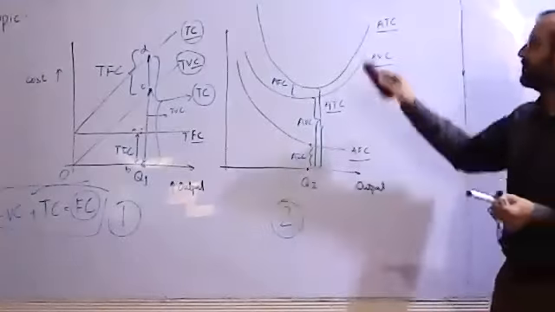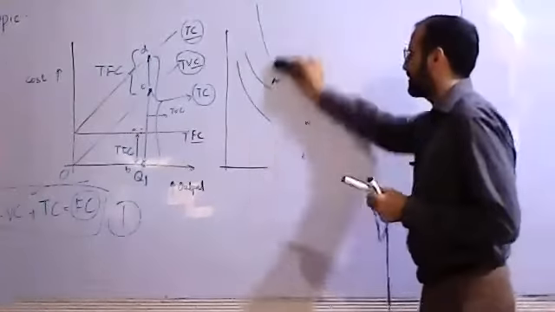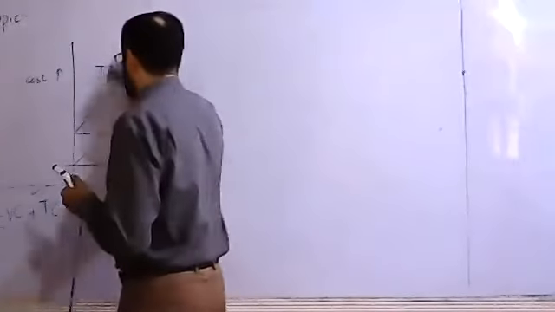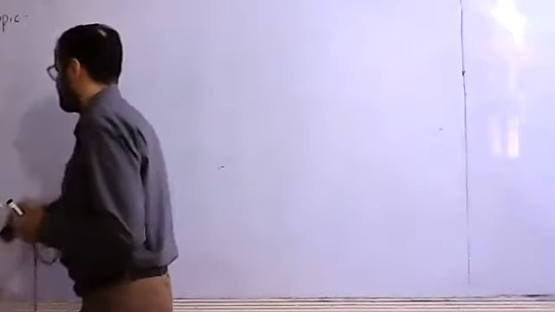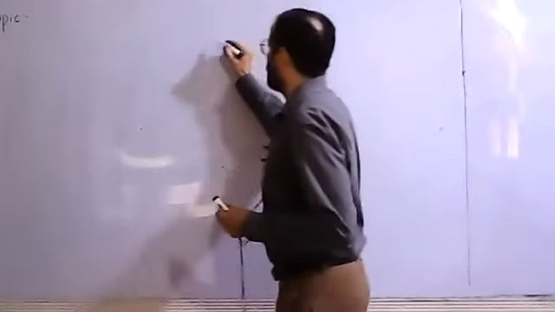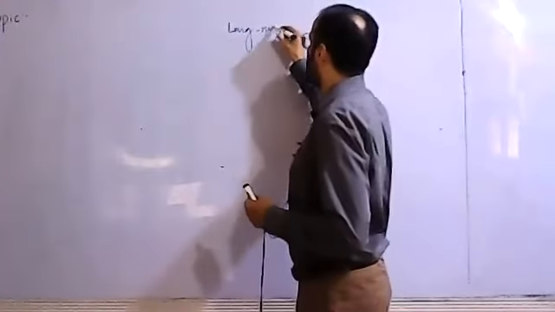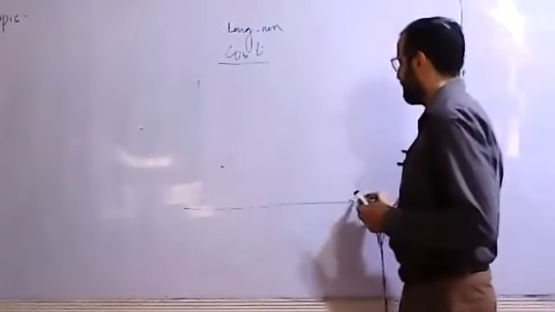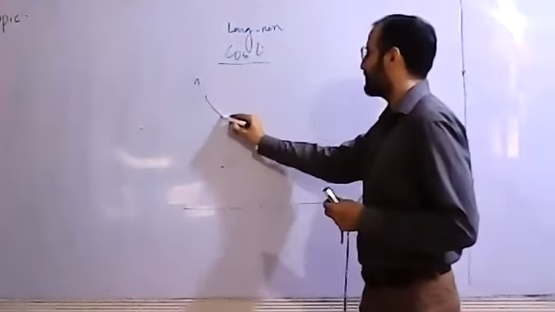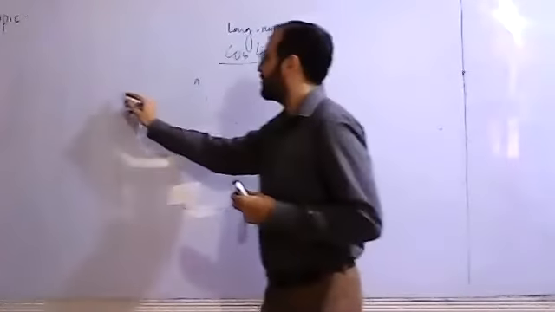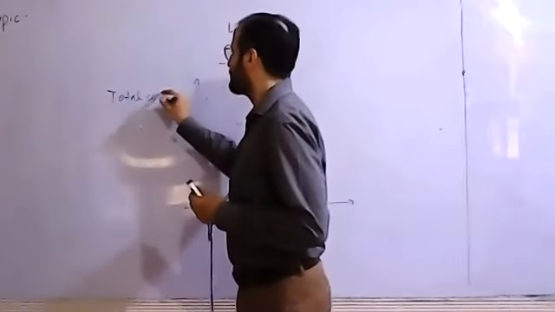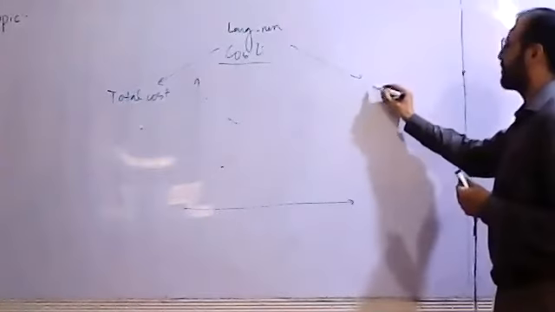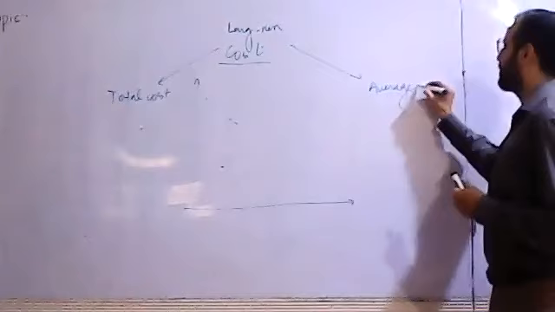So if we want to know what the cost curves are in the long run, when all the factors are variable, we have long run total cost, and we do have long run average cost.